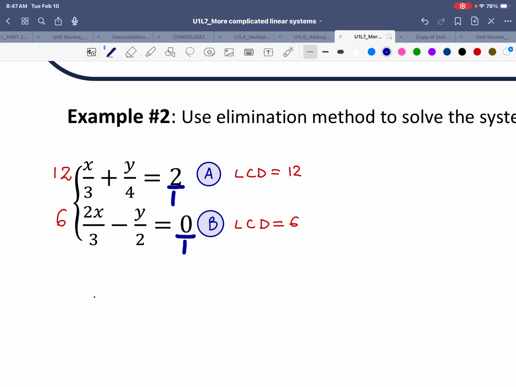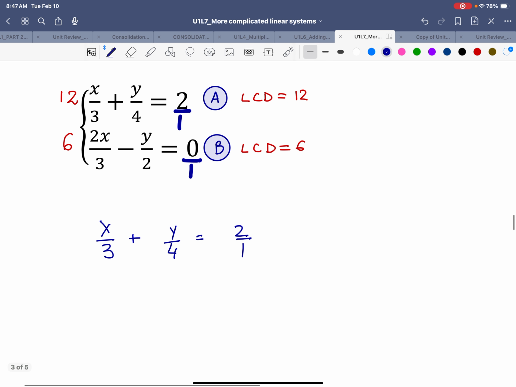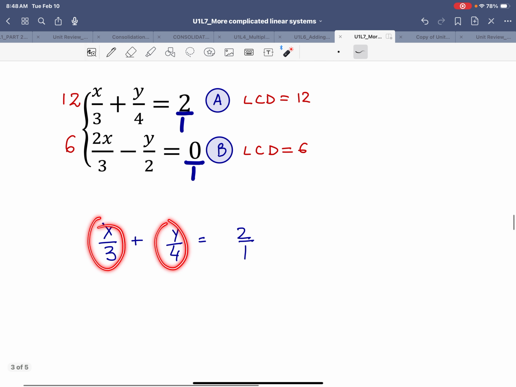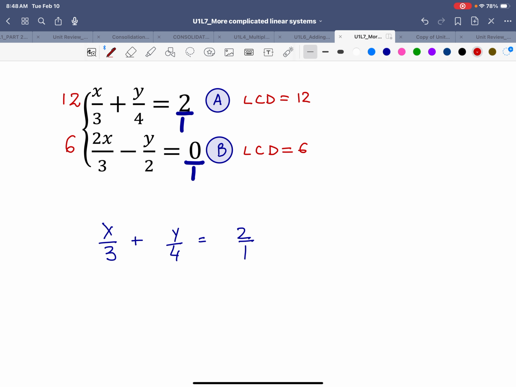I'm going to take equation A and write it the way it is: x over 3 plus y over 4 equals 2 over 1. And I'm going to be a little bit strategic here. I'll leave a little bit of room between each term because I'm going to bring number 12 right in front of each of them, because 12 is the lowest common denominator and we're multiplying every term by 12.